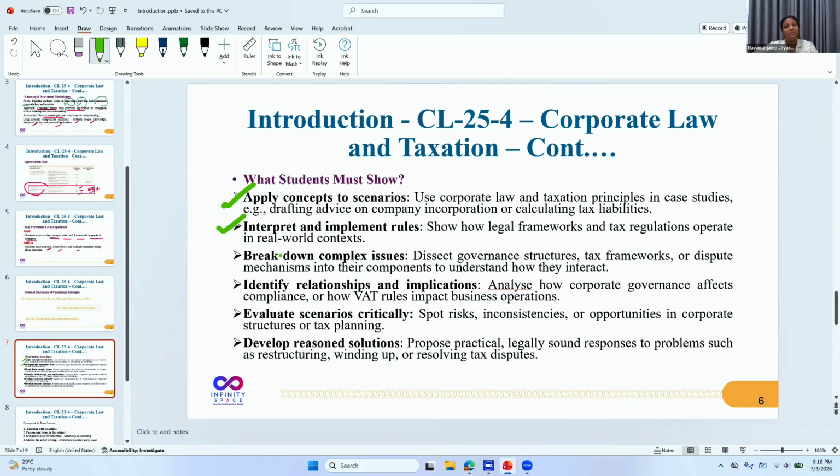Then break down complex issues. If a practical scenario is given, you have to communicate it to a particular party. If it is in the exam, it is for the examiner, and the requirement is there. In that requirement, it has asked with an action verb. What you have to do is break down that complex scenario and address it with the action verb.